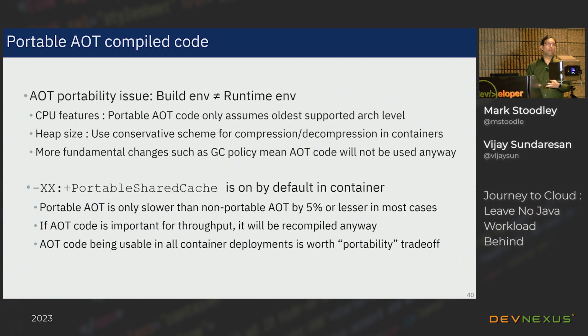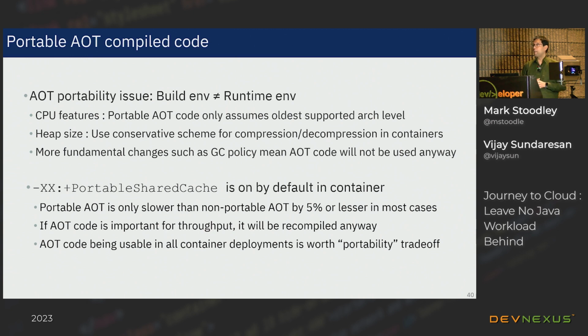There are also some other aspects that we take care of transparently in the JVM. You can change your heap size between the build environment and the run environment, and we can handle that. But there are other more fundamental changes that we can't handle. If you change the GC policy entirely, we'll just stop using the AOT code. At that point, the application will still run, but we won't use the AOT code anymore.